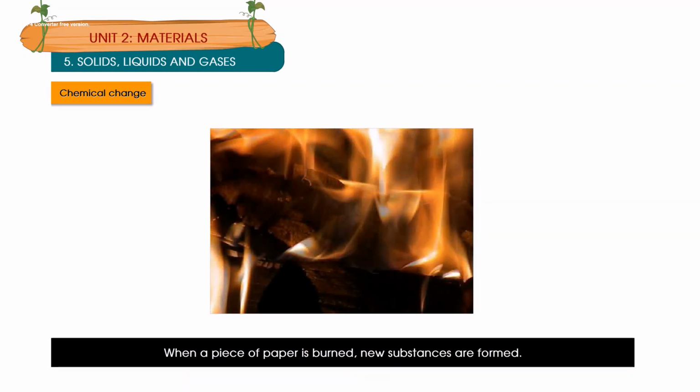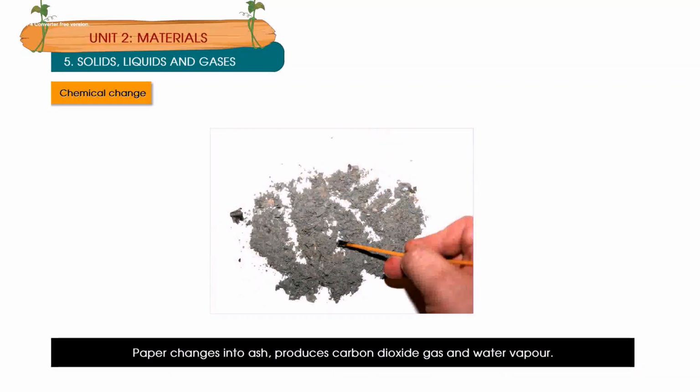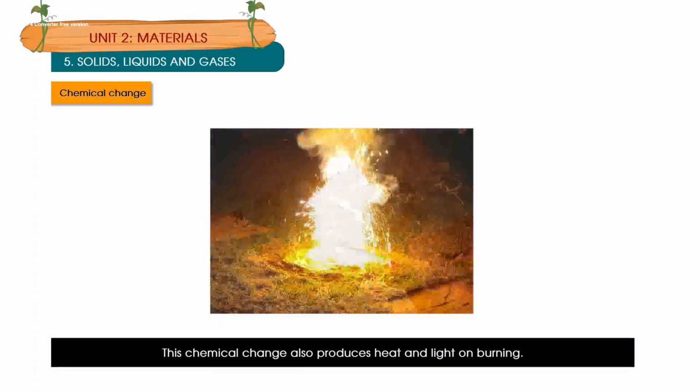When a piece of paper is burned, new substances are formed. Paper changes into ash, produces carbon dioxide gas and water vapor. This chemical change also produces heat and light on burning.